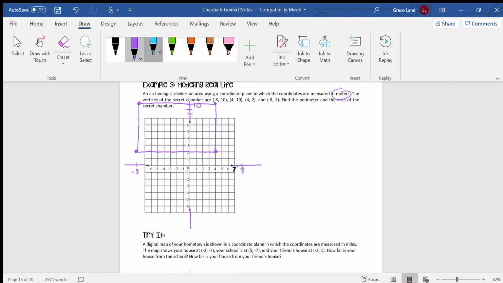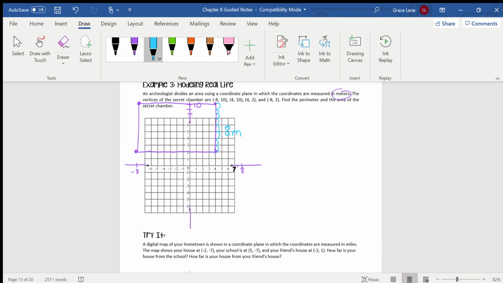Okay, so to find the perimeter and the area. Perimeter is when you add the side lengths, all their sides up. So this is when I think it's easier probably just to go ahead and count. So 1, 2, 3, 4, 5, 6, 7, 8. So this side length is 8 meters.